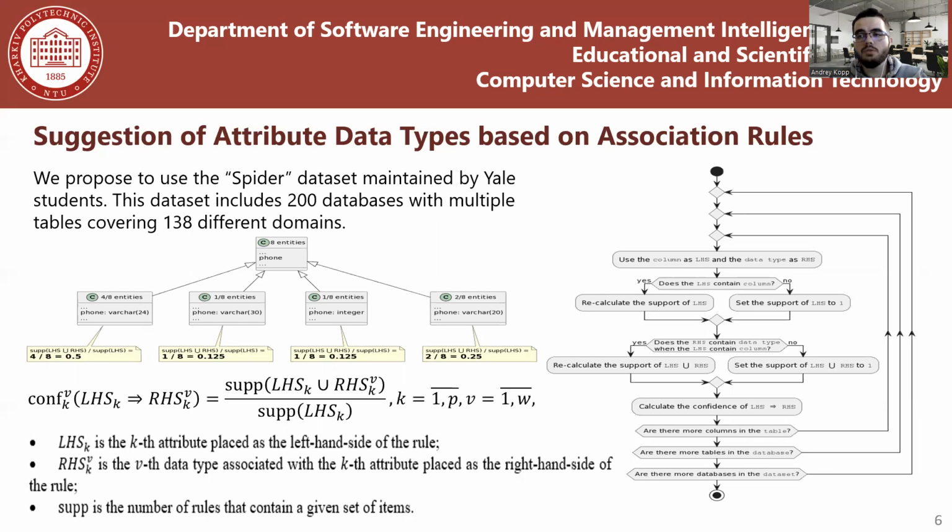Having such a large data set, we can apply the association rules approach to suggest the most suitable data type based on the attribute names only.